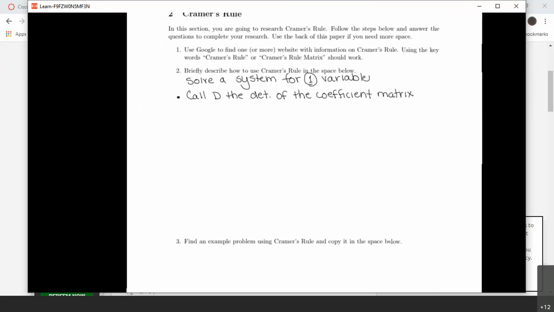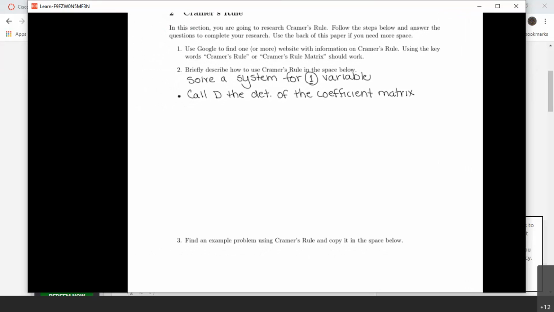The determinant of that is going to be D. Normally it's a square matrix. Why is that? Well, for a system of equations, typically you have as many equations as you have variables. And in a coefficient matrix, the rows are the equations and the columns are the variables. So you'll have the same number of each.